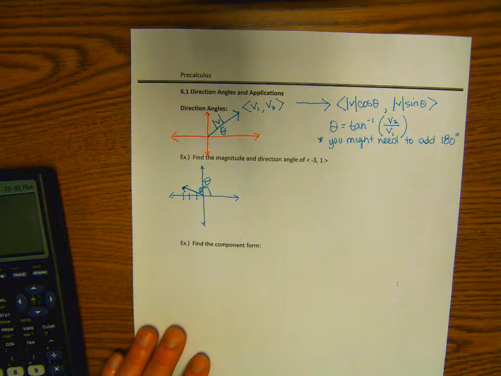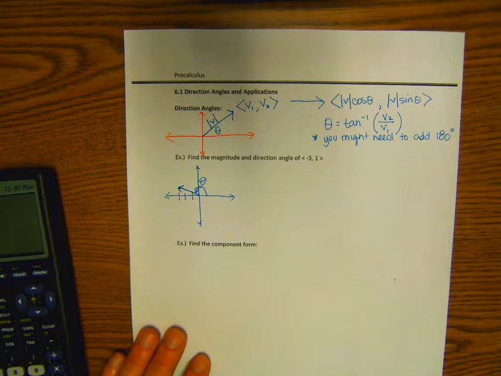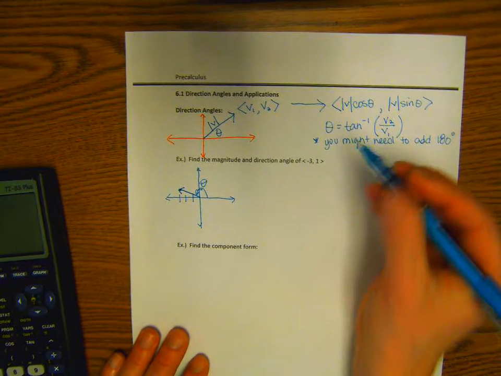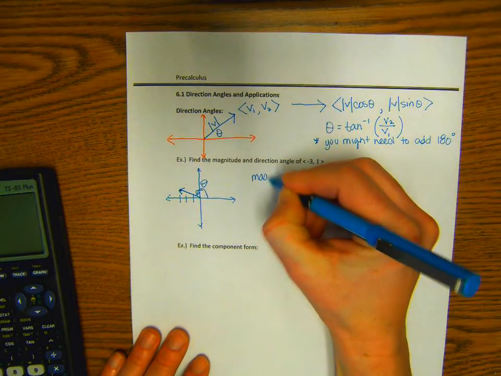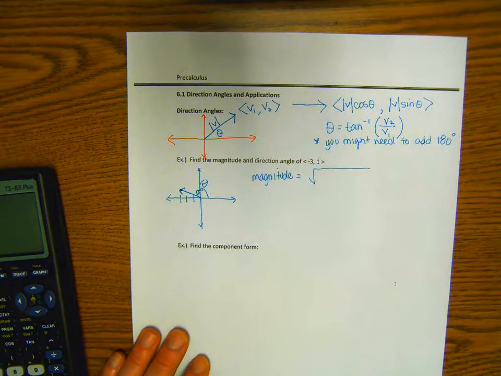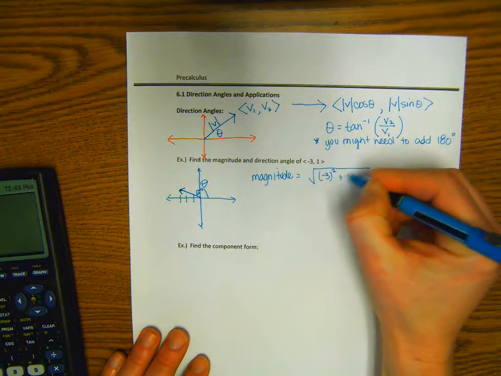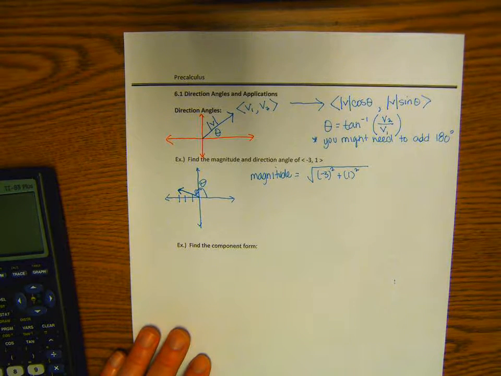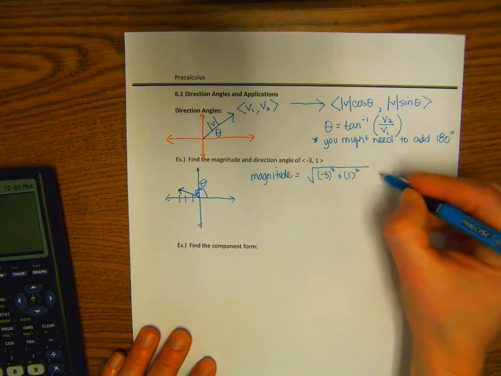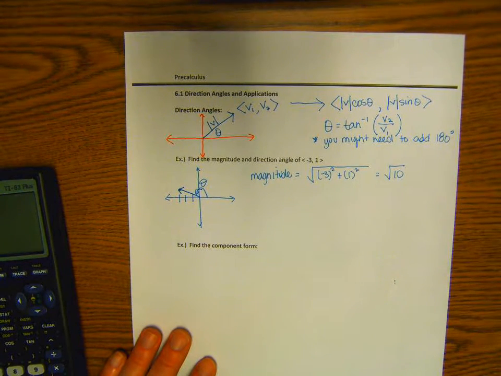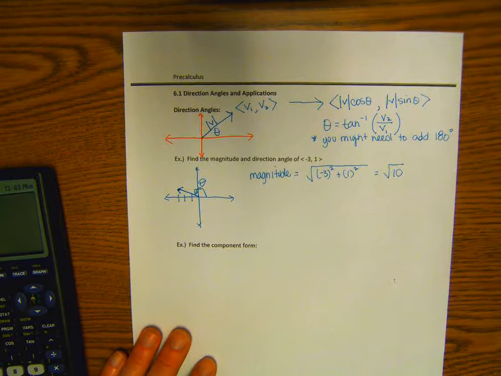Okay, so let's first do the magnitude. How would I find the magnitude? Yep, the square root of negative 3 squared plus 1 squared, so it's root 10, right? Then for theta, I'm going to show you with tan inverse.